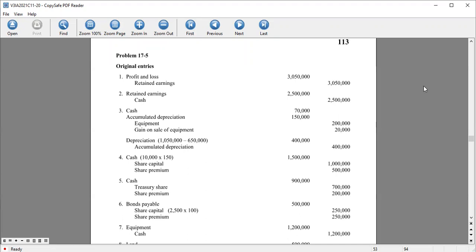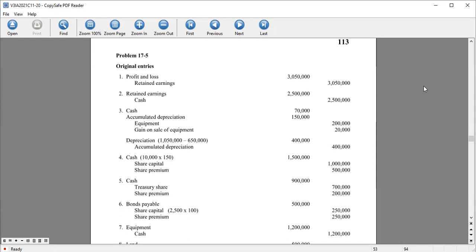Now, that's for the accumulated depreciation amount of 1,050,000 and a credit of 650,000, because the original beginning balance was 800, and then we debit accumulated depreciation by 150. That's why we now get a balance of 650. So that's your depreciation expense for the current year.